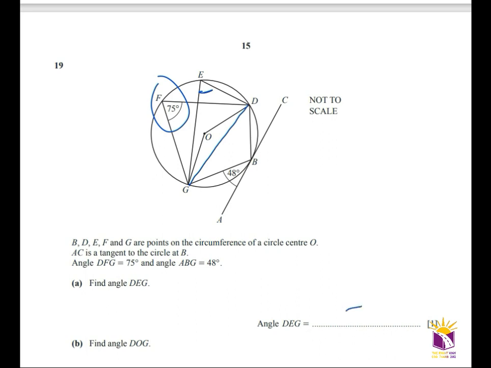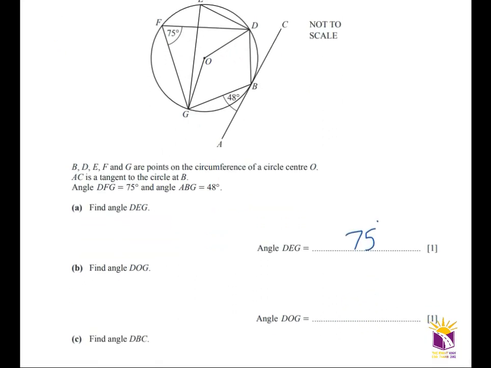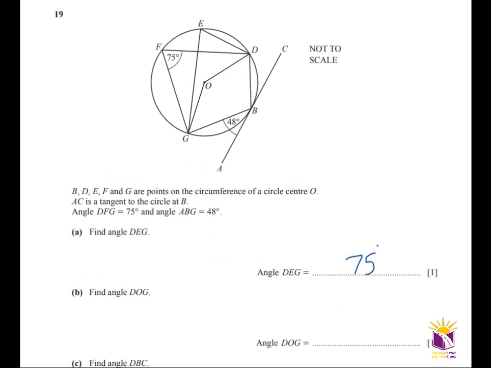So it will also be 75 degrees, because DEG and DFG are from the same chord. So both have the same angle of 75 degrees. Now find DOG.